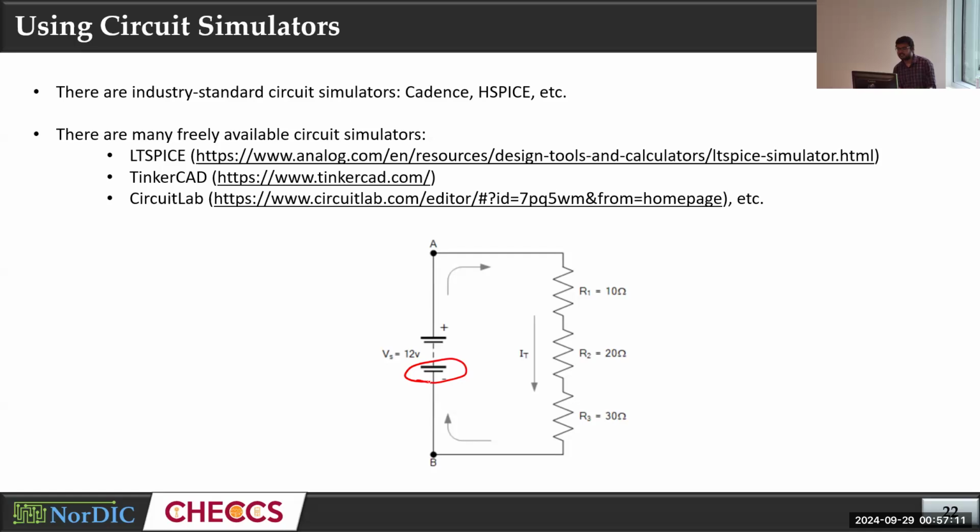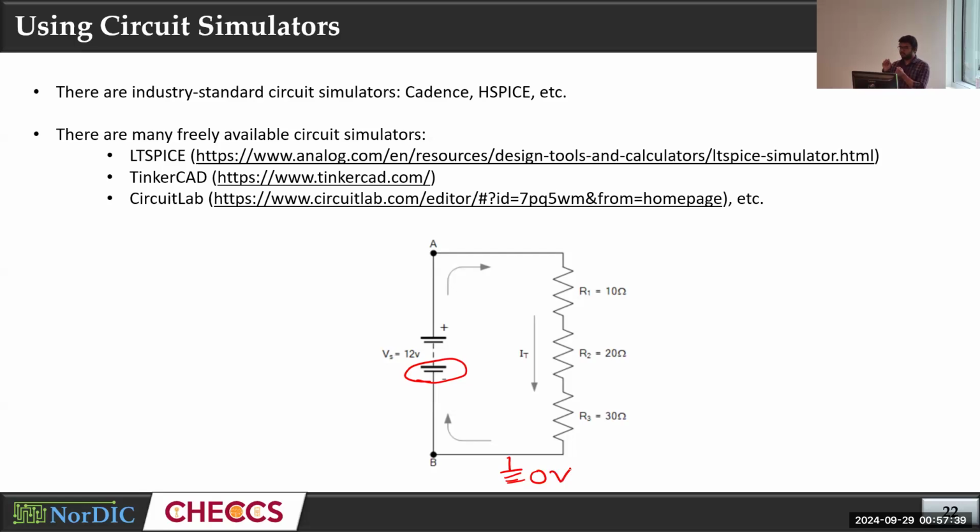For anything where you use electricity, electric voltage, current, you need a ground. Ground is the reference. Ground means 0 volt. So if this is the ground, in every circuit you need a ground, and that's the reference. So ground is actually 0 volt.